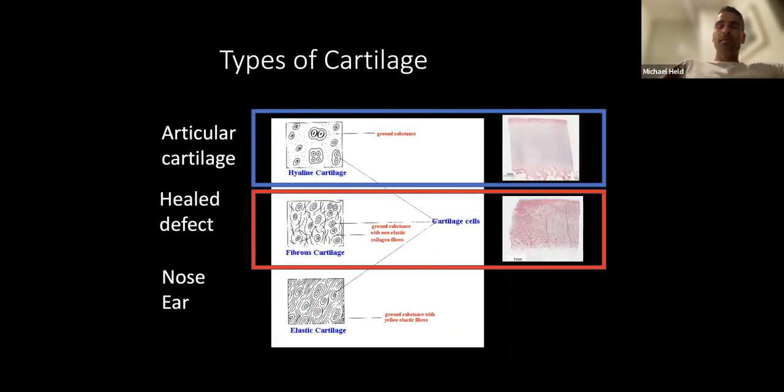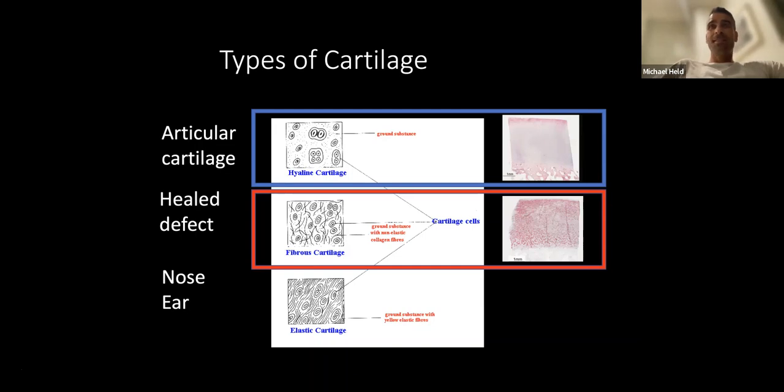The main types of cartilage in the knee that are important to us are the articular cartilage, which is hyaline cartilage, and healed cartilage, which is more fibrous. When you look at these histology slices on the right, the hyaline cartilage has a massive second or intermediate zone, a nice area for shock absorption, whereas in the fibrous cartilage you can see a lot more disorganized collagen and fibroblasts, which don't have the same properties as cartilage.